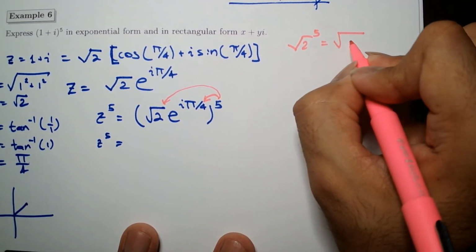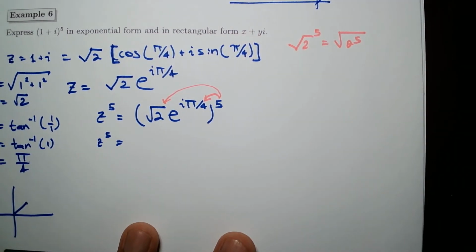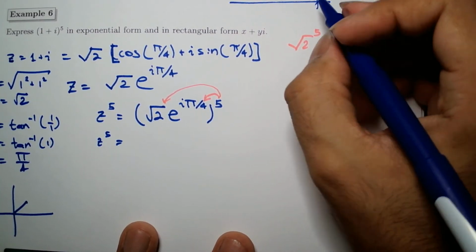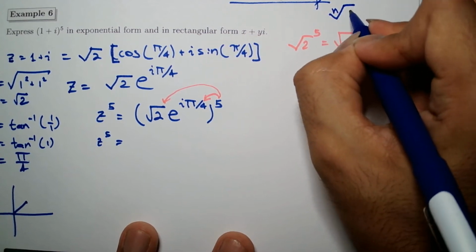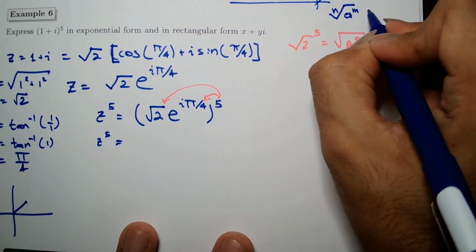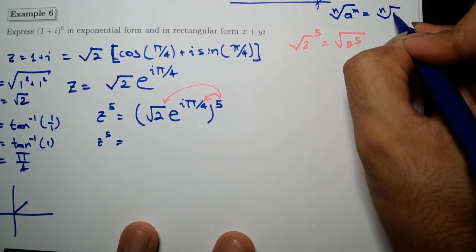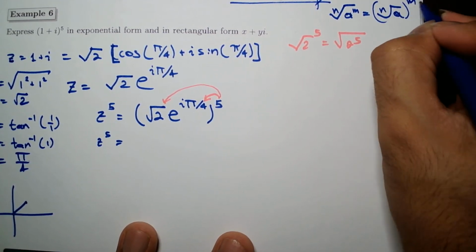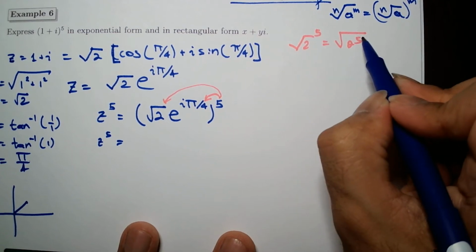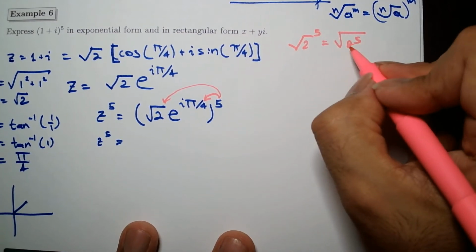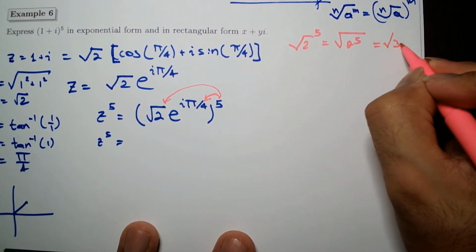This is the same as the square root of 2 to the 5th, because when you have the nth root of a to the m, it's the same as the nth root of a, the whole thing to the m. So I'm basically inputting this inside, and then 2 to the 5th is the square root of 32.